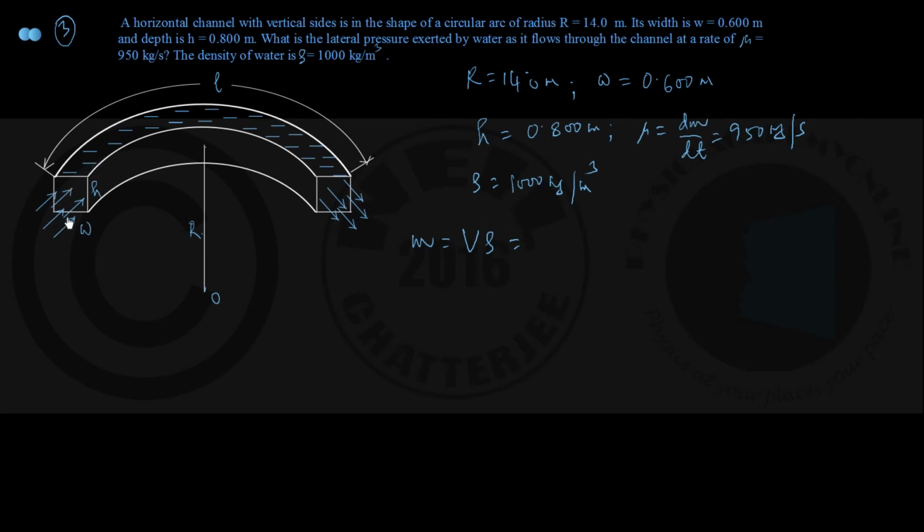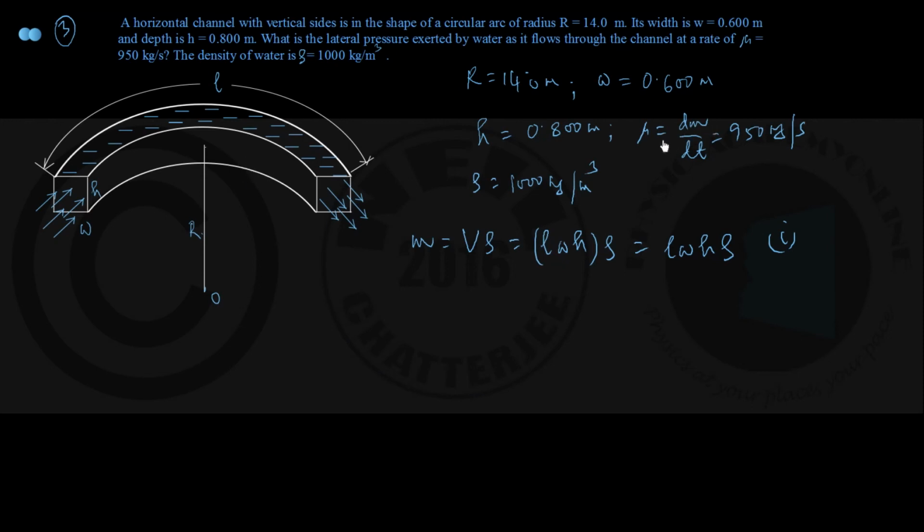A cross-sectional area, as you can see, width of W, height of H, cross-sectional area is W into H, and a curved length of L only, which gives the volume of water inside the channel as L into W into H, into rho outside. So I have here L into W into H into rho. That is equation number 1, the mass of water remaining inside the channel at any given instant.